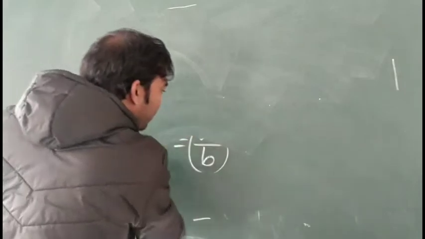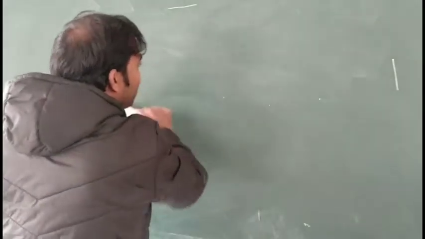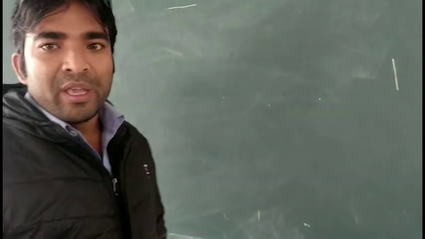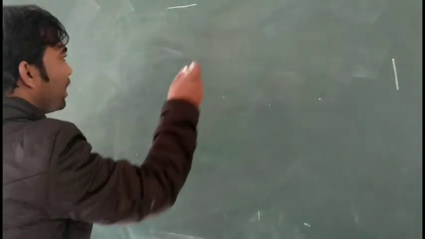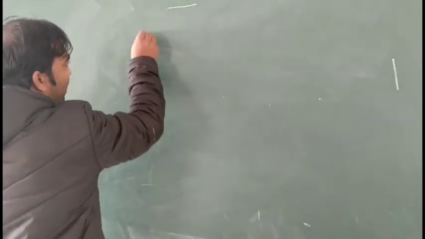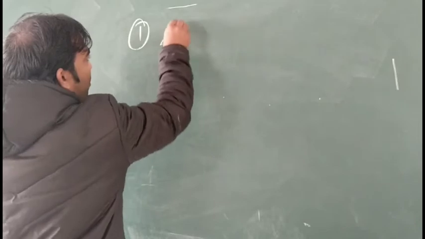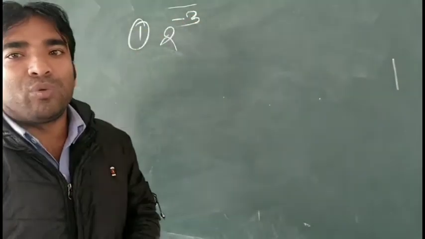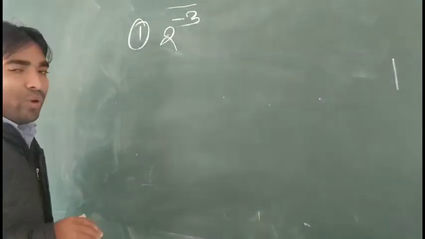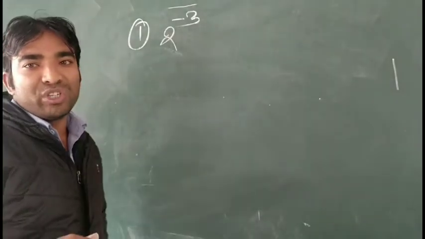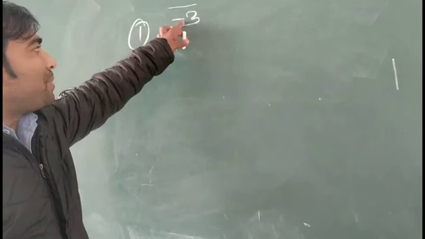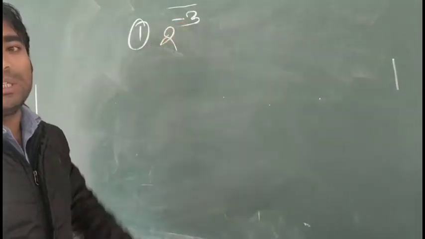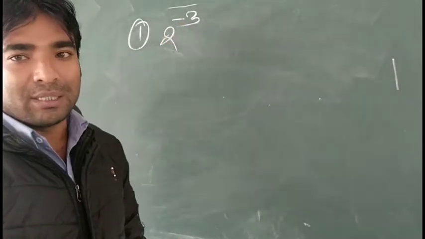Next, you just look. Now, if the power is a negative exponent, as an example, 2 to the power minus 3. Dear children, you have to remember that when you are trying to simplify any equation and the power is minus, this is not the simplified answer.